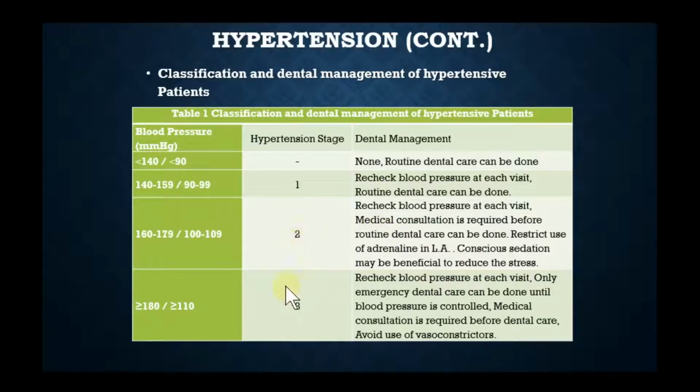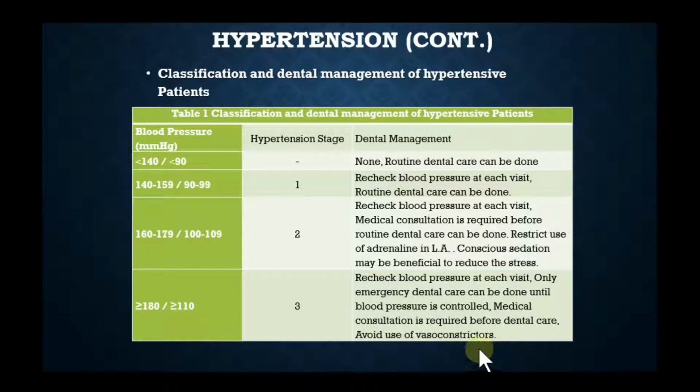If the patients fall within stage 3 hypertension, then we need to recheck blood pressure at each visit, and only emergency dental treatment can be done. No routine dental treatment can be given to such patients. Medical consultation should be taken, and vasoconstrictors can't be used.